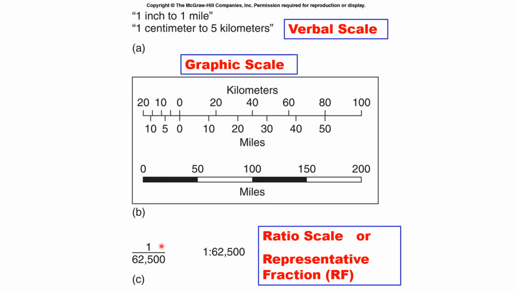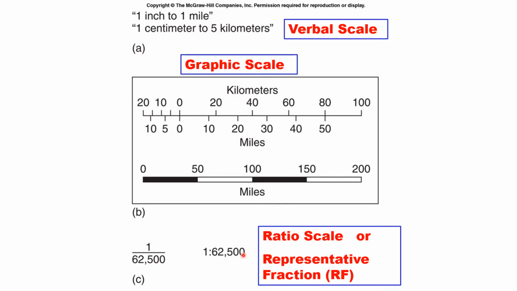That means that 1 inch on the map is equal to 62,500 inches in the real world. What about centimeters? Then 1 centimeter on the map is equal to 62,500 centimeters in the real world, or whatever units you're using, paperclip lengths or pencil lengths. 1 paperclip length on the map is equal to 62,500 paperclips laid end to end.